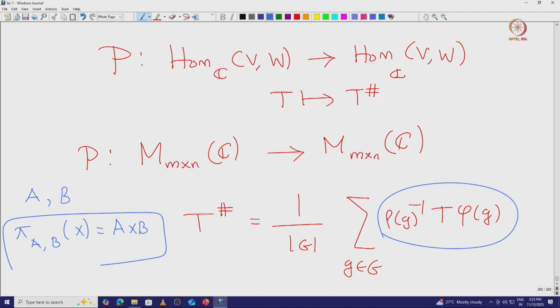So, this is indeed a linear function from the space of matrices to the space of matrices, and you can see that this one looks exactly like π of ρ(g inverse), φ(g). So, basically this map P is indeed a sum of these maps.